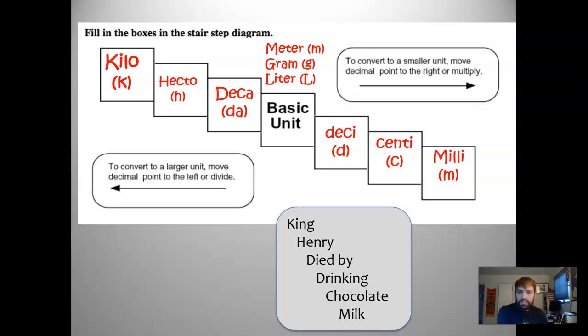Okay? Now, all you need to do to convert these is to move the decimal, okay? So let's say you have a meter and you want to go to a centimeter, so you have 1 meter, and you want to go to a centimeter. If this is 1, the decimal's here, right?